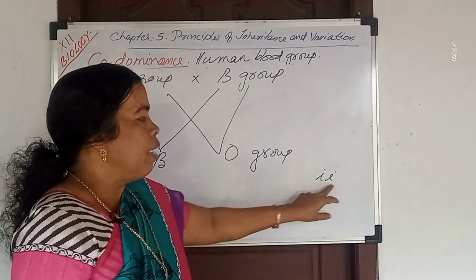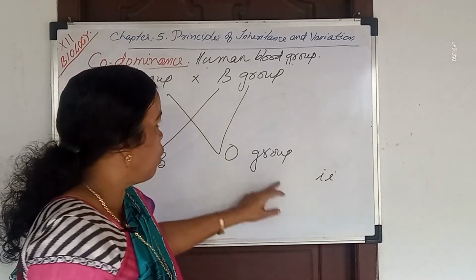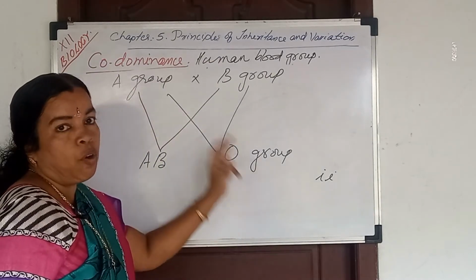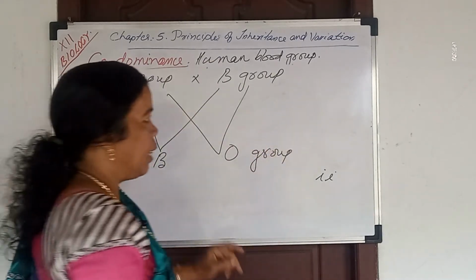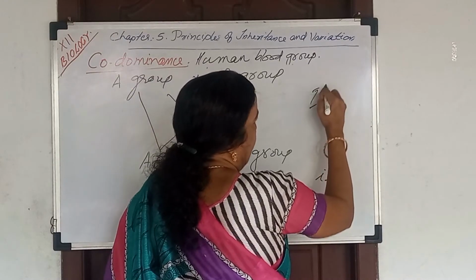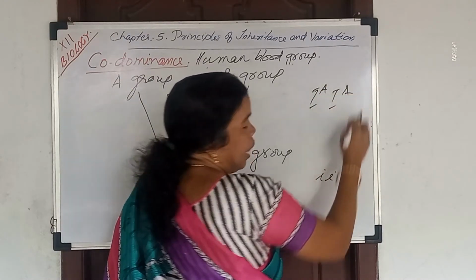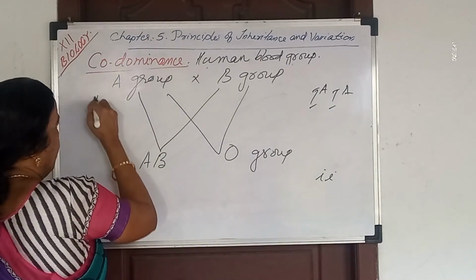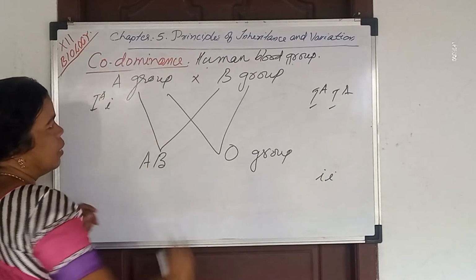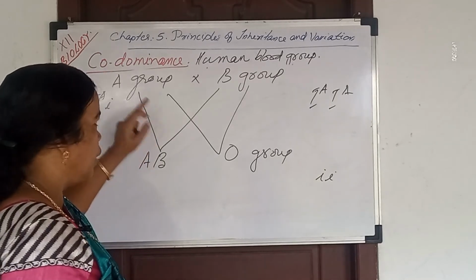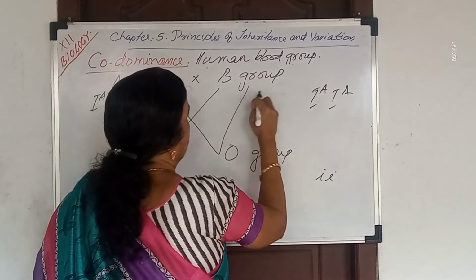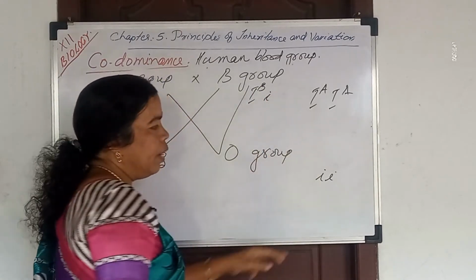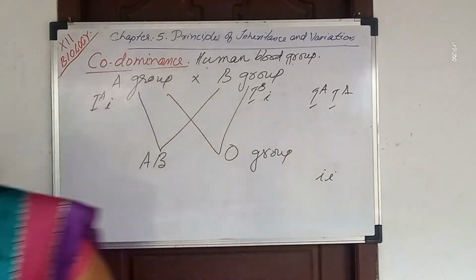So one allele from each parent. So here the B group and A group must be heterozygous, then only it is possible. That is, if they are IA IA, there is no chance of i. So they are heterozygous. Here IA and small i is the genotype of the father, A group, and the woman with the B group, that is IB and small i. Then only O group is possible.